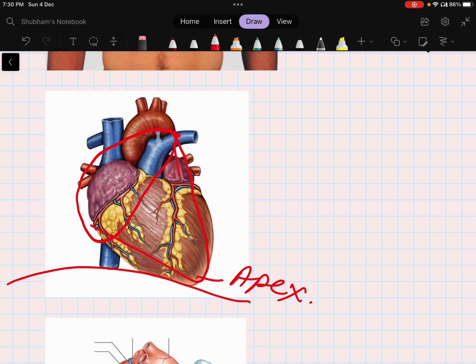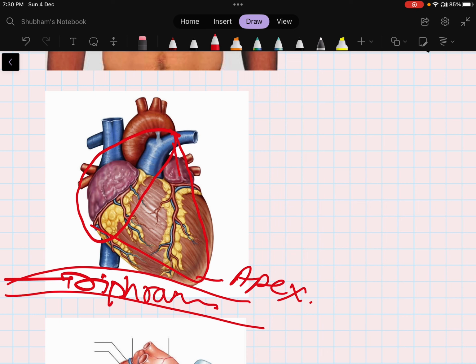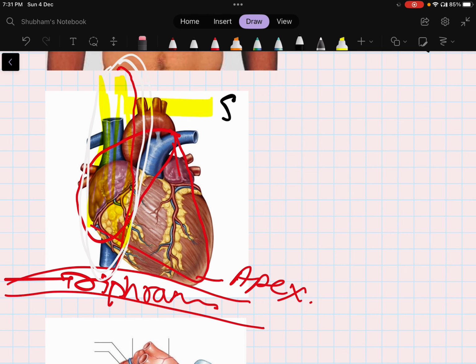This is where the diaphragm lies. Here our sternum will be present, right? So this is our sternum.